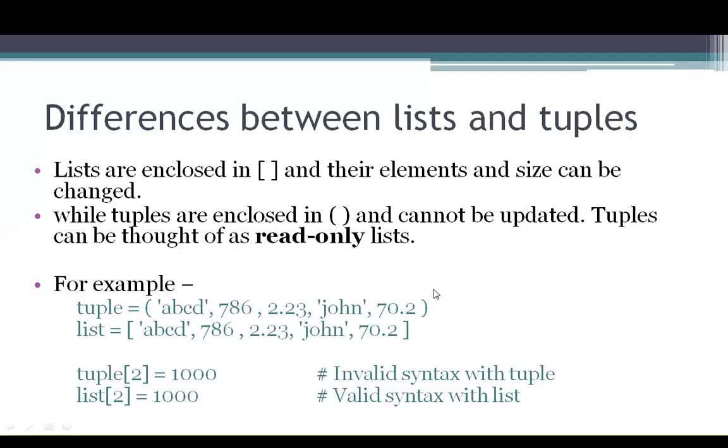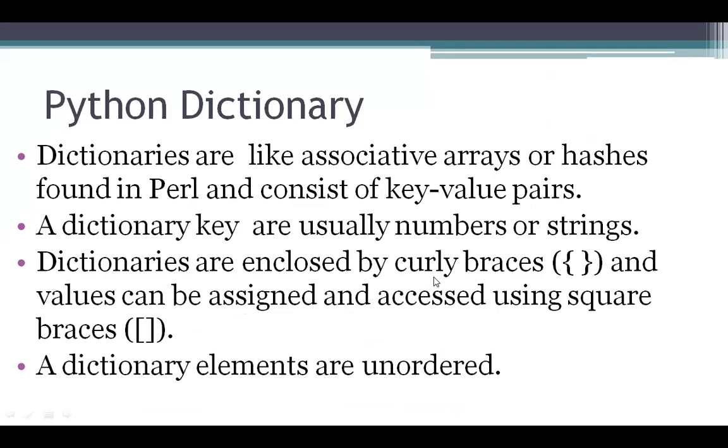So let's see the next data type, that is dictionary. Dictionaries are like associative arrays or hashes found in Perl. If you are not aware of Perl, no need to worry. It has a key and value pair, nothing much, where dictionary keys are usually numbers or strings. Dictionaries are enclosed within curly braces.